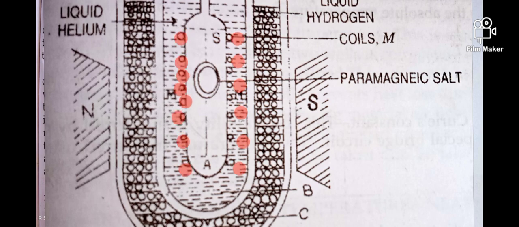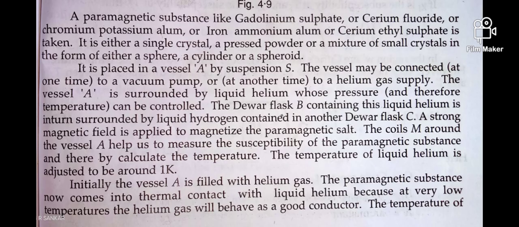The coils M around the vessel A help us to measure the susceptibility of the paramagnetic substance, and thereby calculate its temperature.